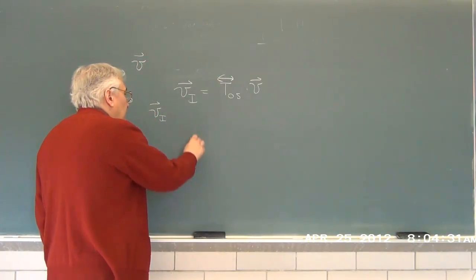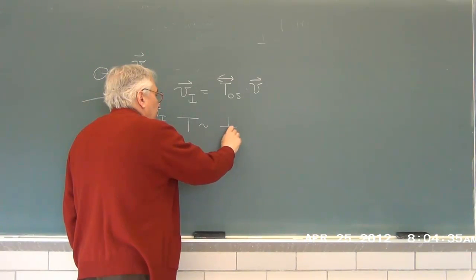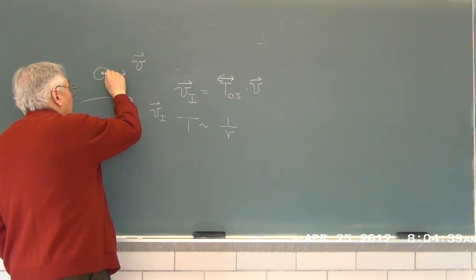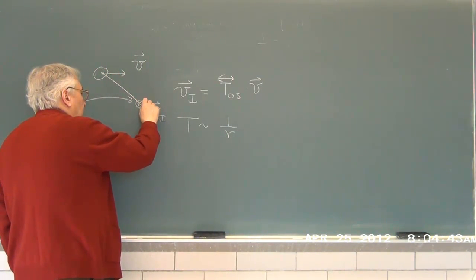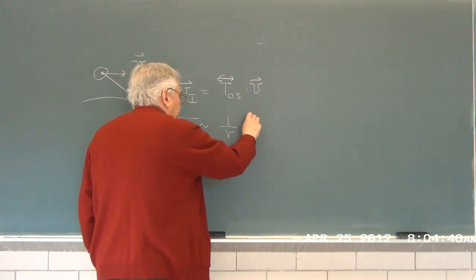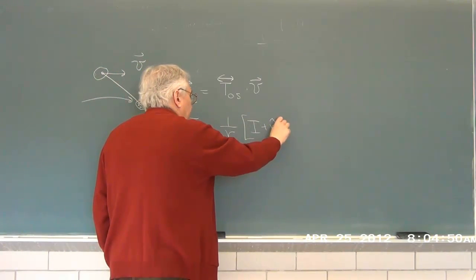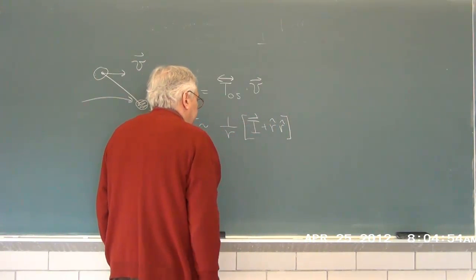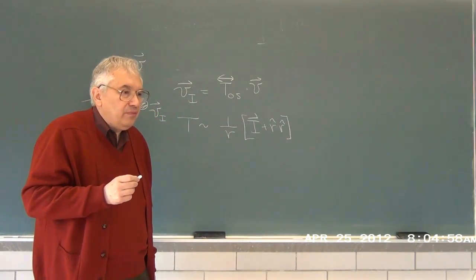Up to constants which aren't critical at this point, the form of the Oseen tensor is 1 over the distance from the particle creating the wake to the object on which the wake is acting, and there is the tensor piece. So there is the Oseen tensor.